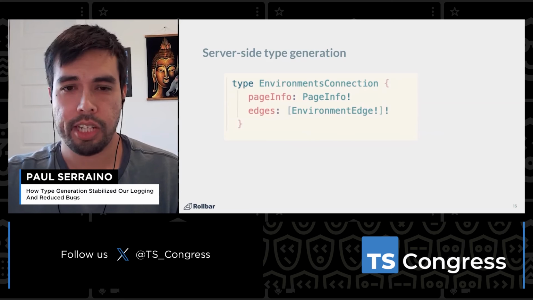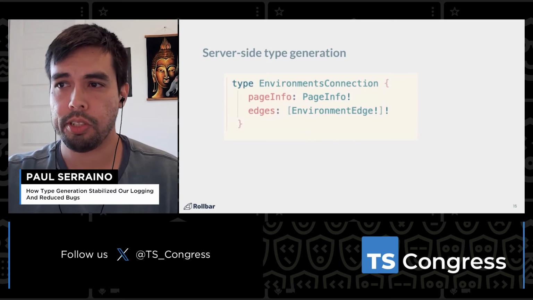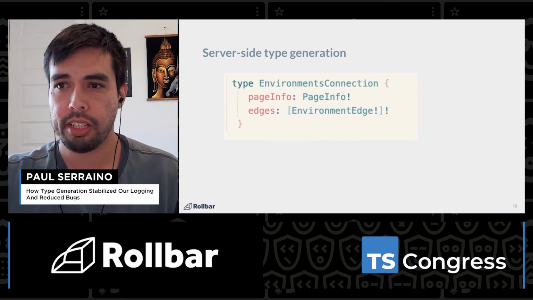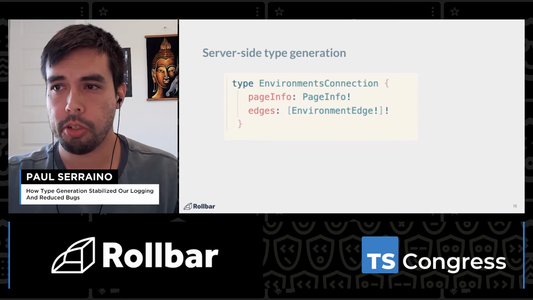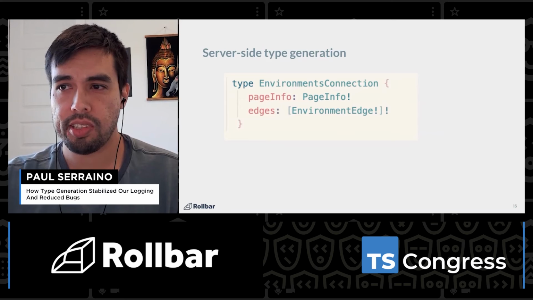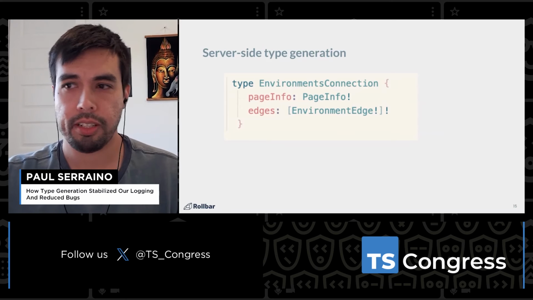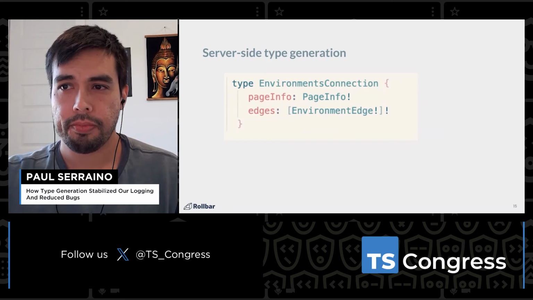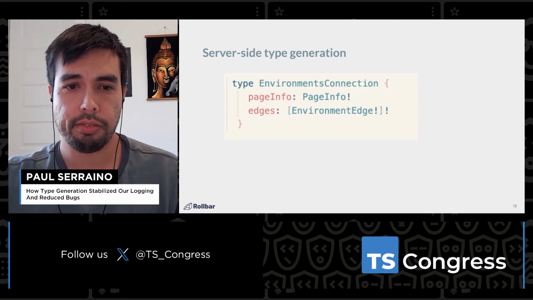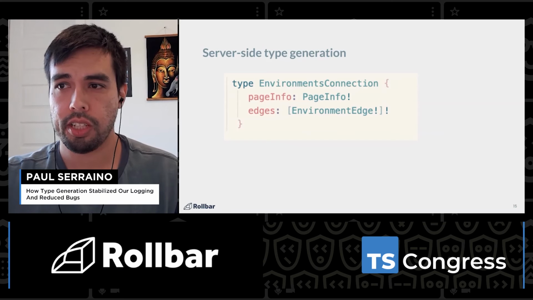I just want to give an example of specifically how we're using GraphQL CodeGen on the server. This is a code snippet taken from our code base. It represents the environment connection schema that is designed to represent a list of project environments.